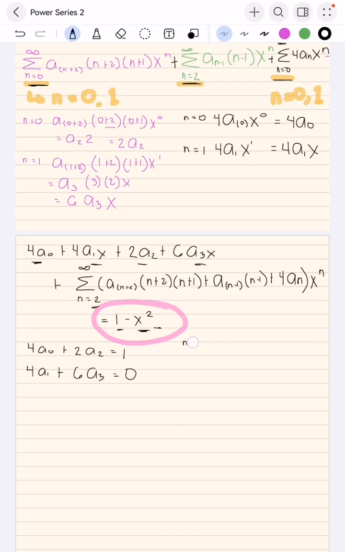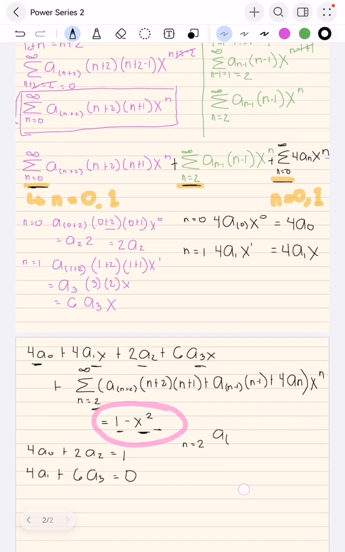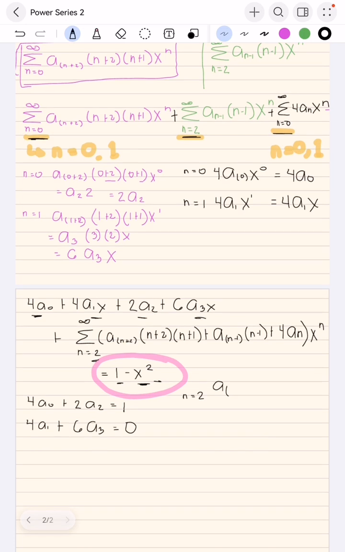So for n equals 2, that would be a(2+2) times (2+2)(2+1) plus a(2-1) plus 4a2 x squared.